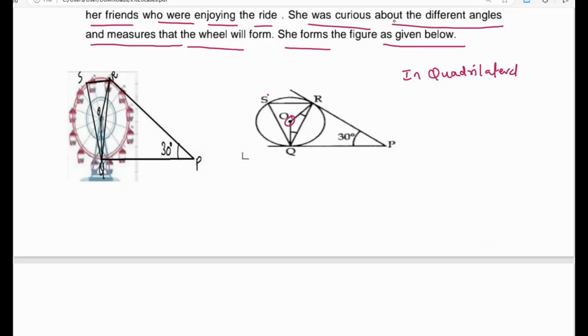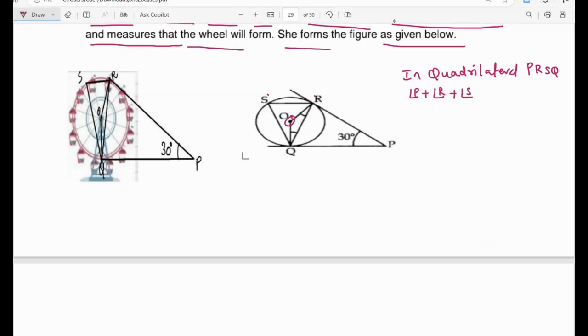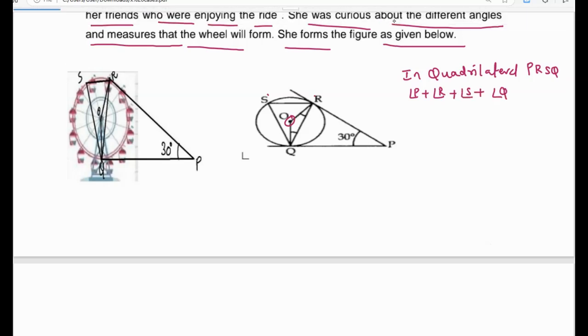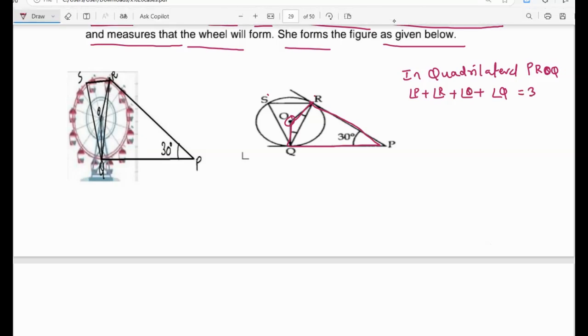If you take it as quadrilateral PRSQ, we can write angle P plus angle R plus angle S plus angle Q. We'll take PROQ, not S, we'll take it as O because we want to find O. It has four sides, 1, 2, 3, 4 sides. So it is O, Q equals 360 degrees.